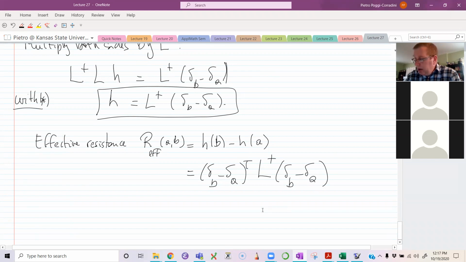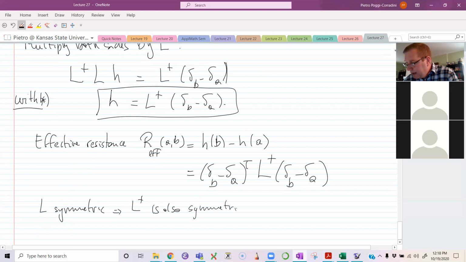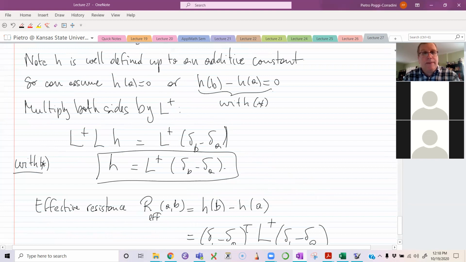Now notice, since L is symmetric, L plus is also symmetric. And because L is positive semi-definite, L plus is positive semi-definite. If you take the reciprocal of positive numbers, you get positive numbers.